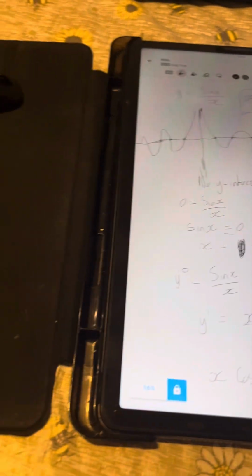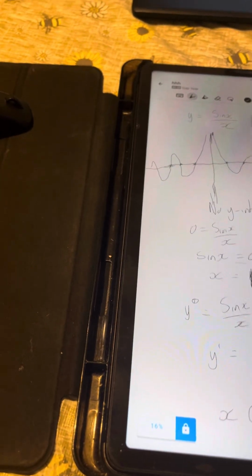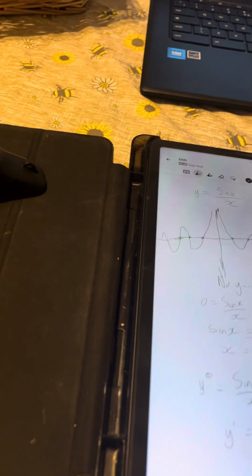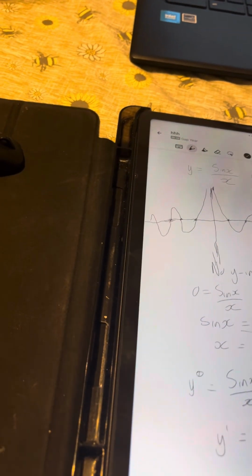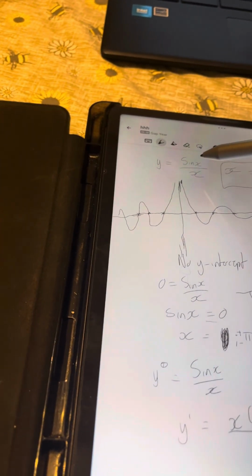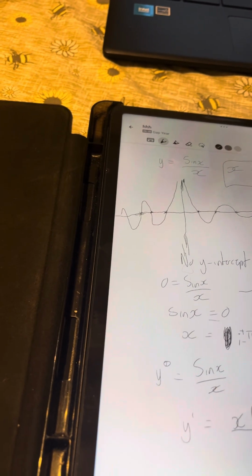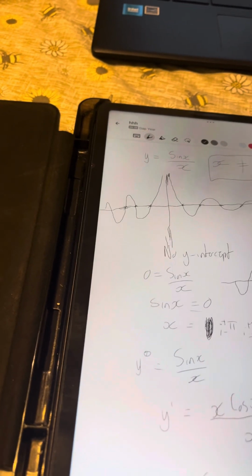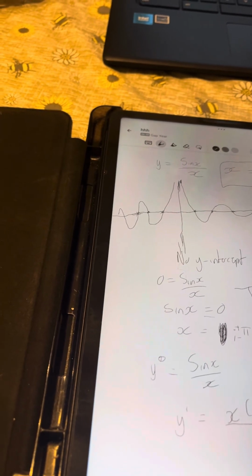Then I was watching through the video, and it was in front of me actually. With L'Hopital's rule, if you substitute 0, sine 0 is 0 and the x is 0, so it's 0 over 0. So you have to use L'Hopital's rule and differentiate sine x and x. Okay, that part makes sense.